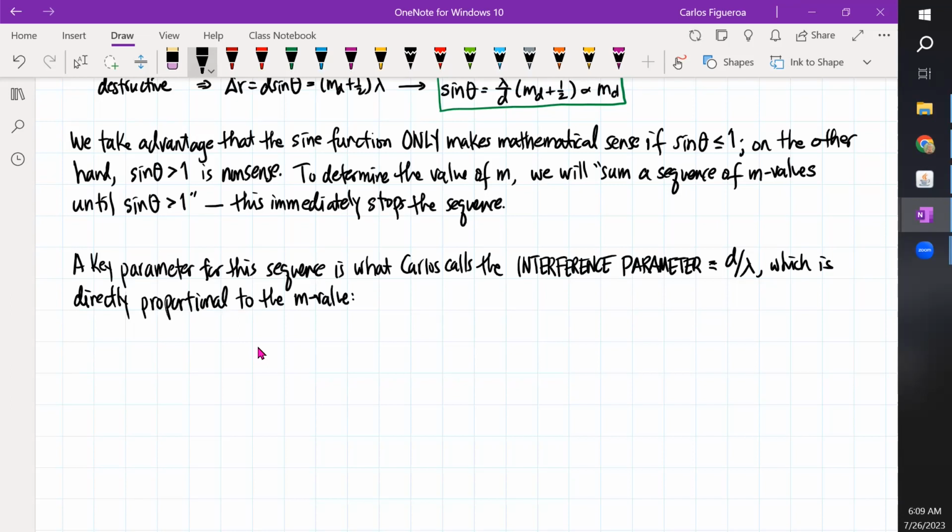In other words, d over lambda is proportional to m.